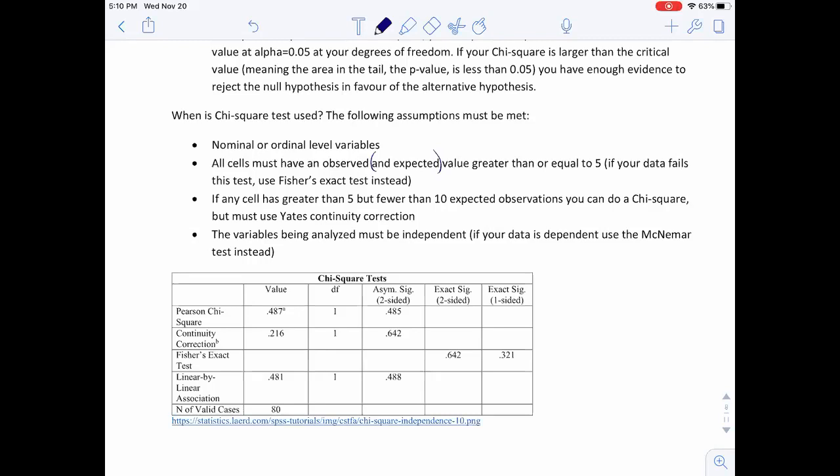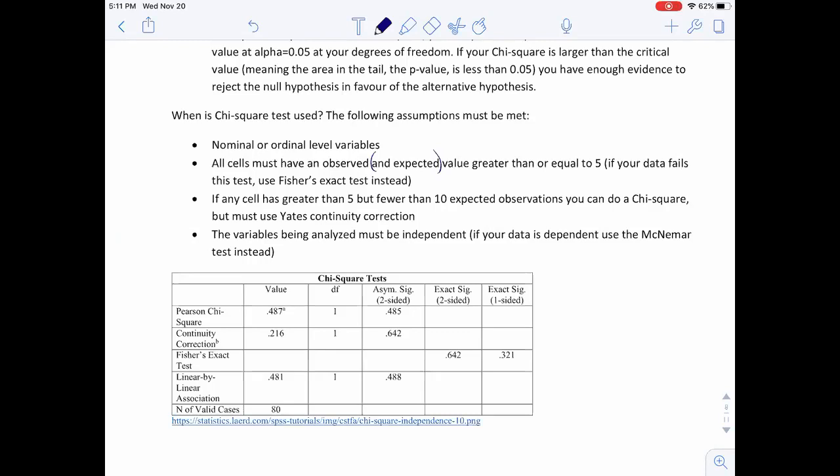The chi-squared test gives you the Pearson chi-squared, which is your regular chi-squared. It also does the continuity correction. It gives you Fisher's exact test, and then linear by linear association, I don't know what that is, and then the number of valid cases. It's just saying your sample size was 80.